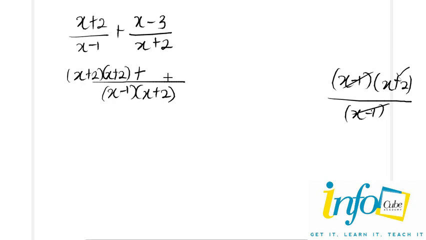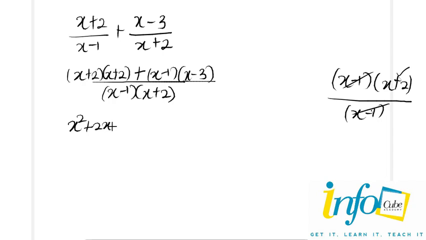You have plus, then coming to this, when x plus 2 here divides this, remaining x minus 1. So you have x minus 1 multiplying x minus 3. Then let's expand these brackets on top. x times x will give you x squared. x times plus 2 will give you plus 2x.